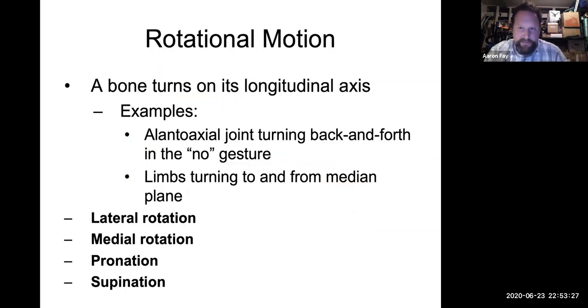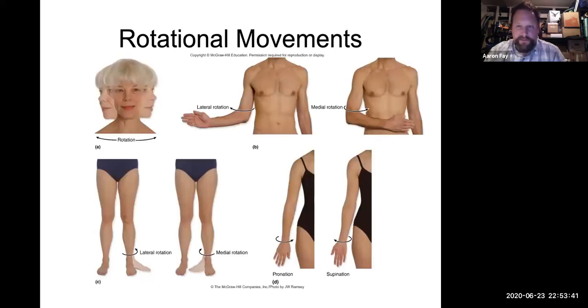Okay, so that was angular motion. Now we need to talk about rotational motion. So we have lateral rotation, medial rotation, pronation, and supination. So just regular rotation, that was like our C1, C2 joint. The book example gives here is start, stop.